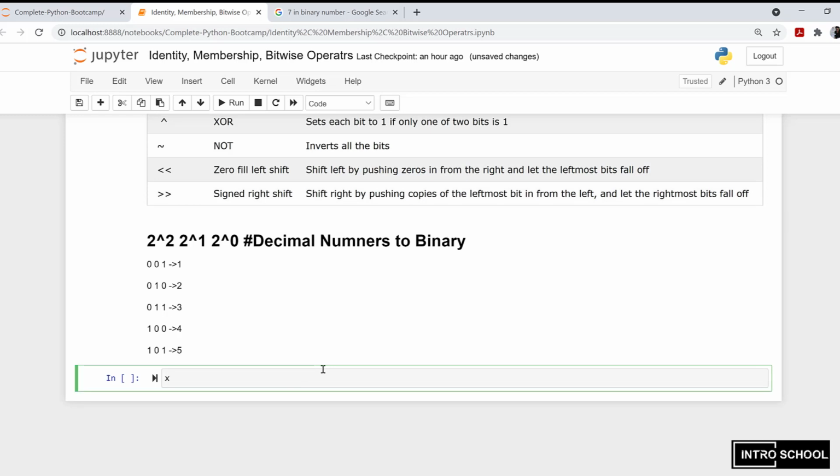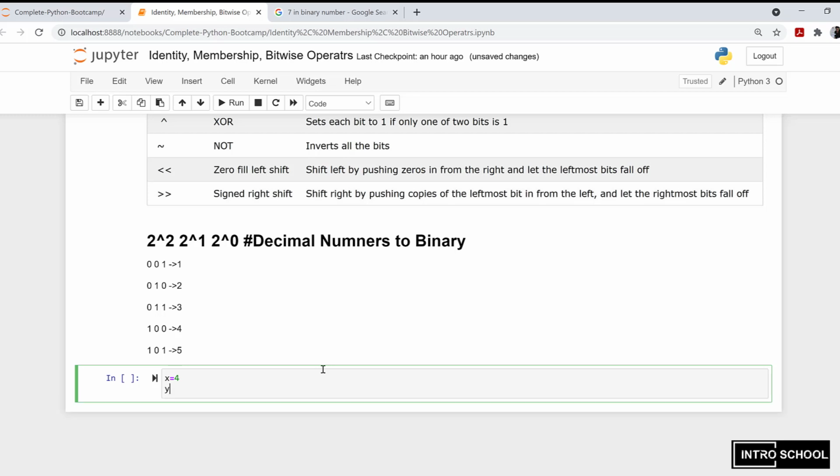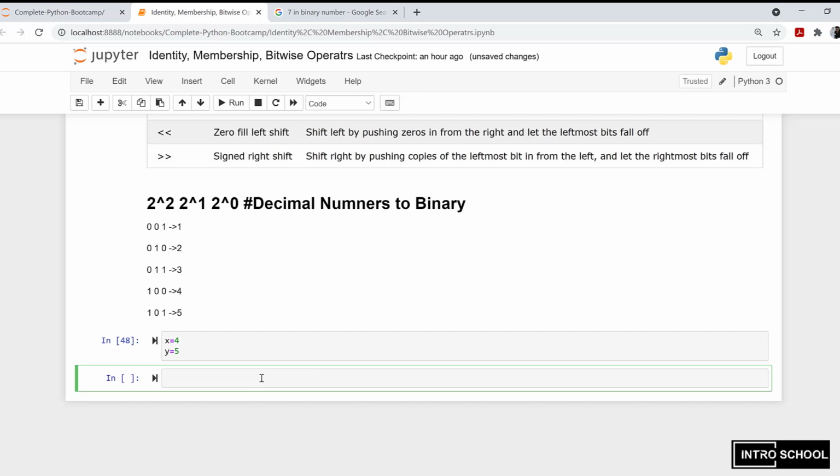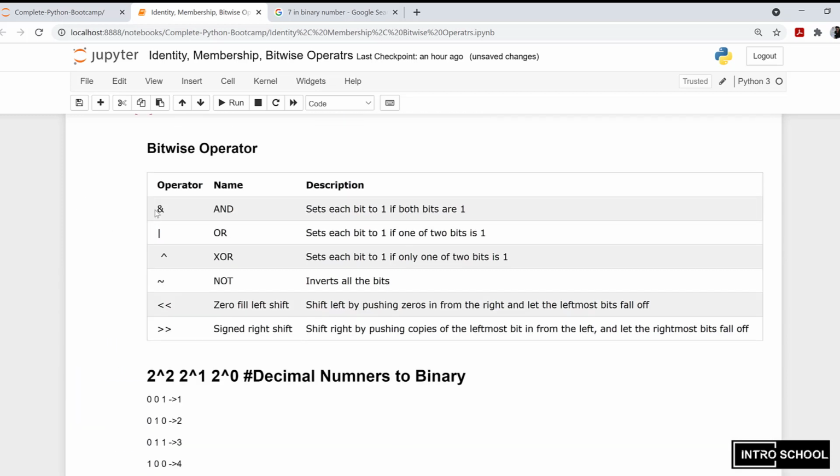Now if I give a variable x as 4 and y as 5, and I use the logical operators, because bitwise operators are denoted by other symbols, the pipe symbol for or, and others for XOR and not.